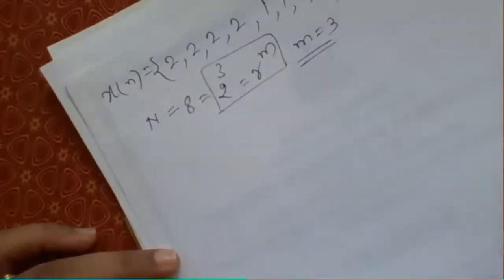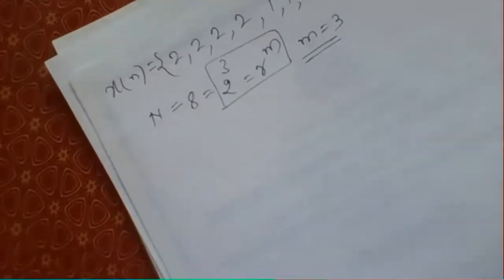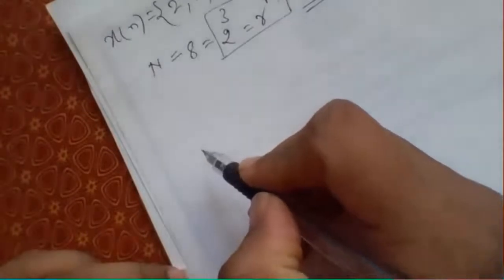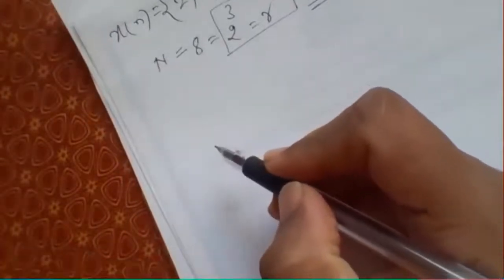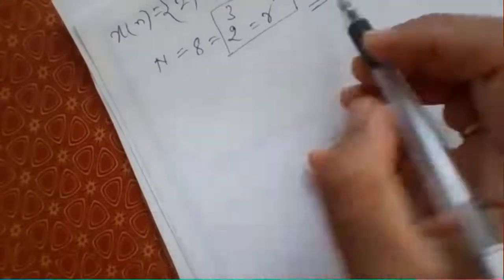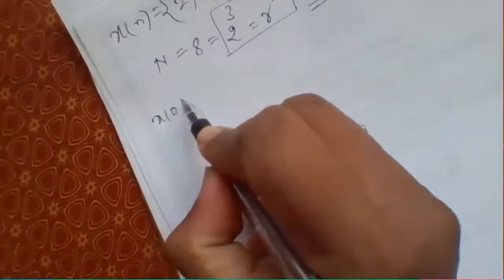Before starting the computation in the DIT algorithm, first we need to write down the given input sequence in bit reversed order. That is, you will have to rearrange the terms of the sequence. So what is that bit reversed order?